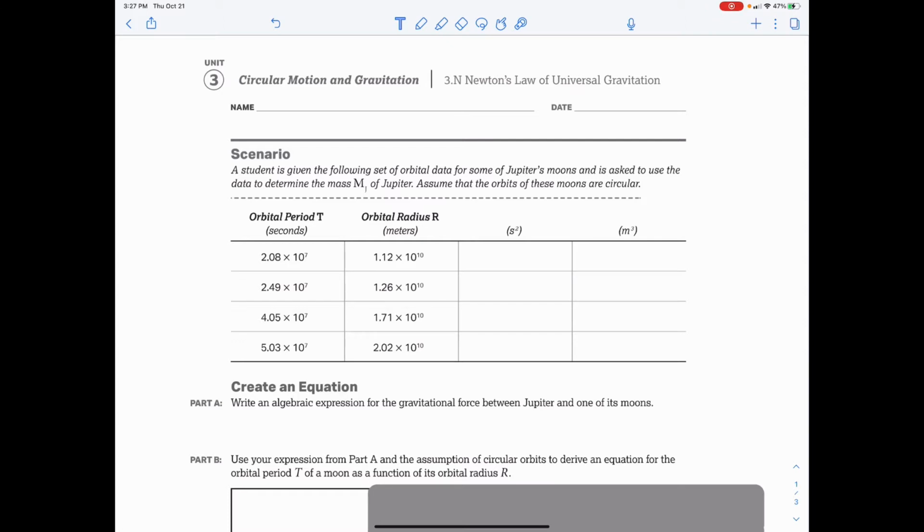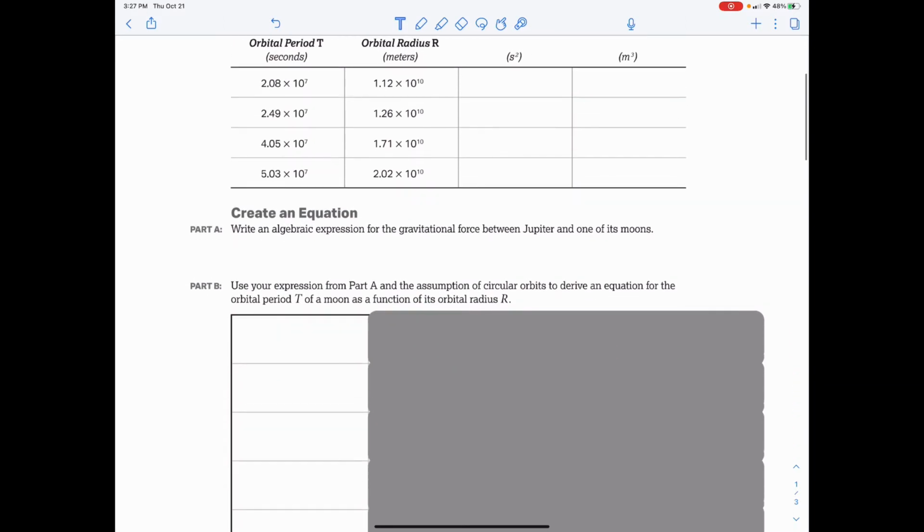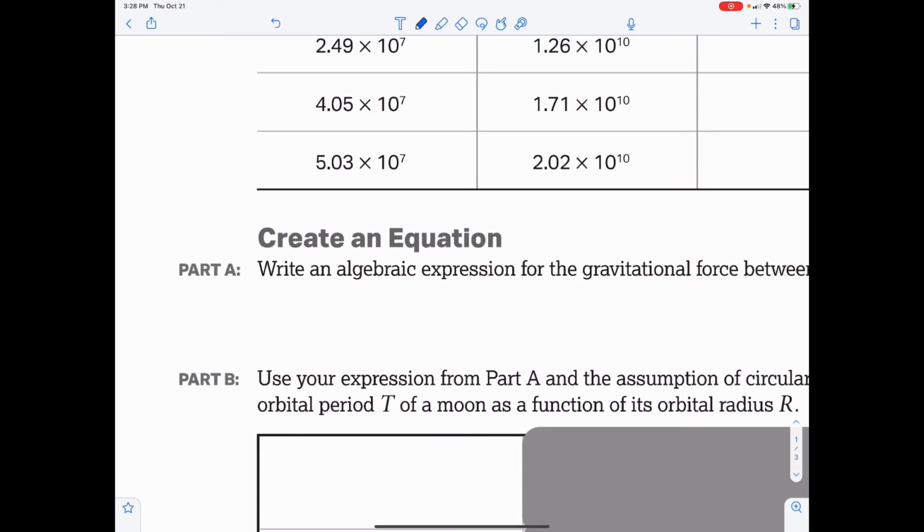So we are given 4 moons, and we're given the orbital radius and the orbital period of those orbits. Part A. Write an algebraic equation for the gravitational force between Jupiter and one of its moons. The gravitational force equation would be F sub g equals big G m1 m2 over r squared.